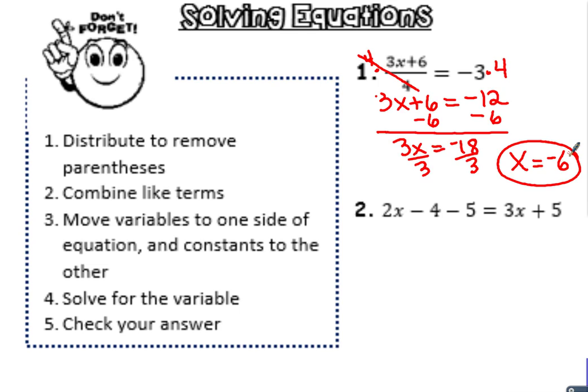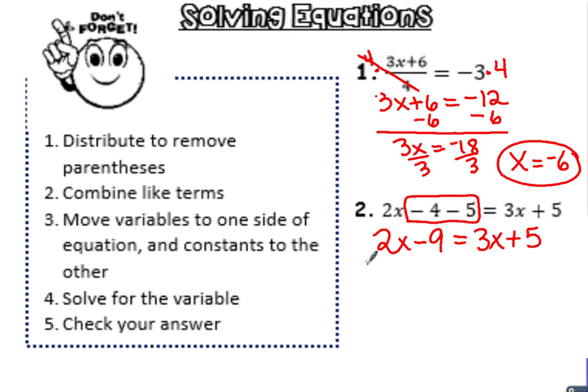Equation number 2 does not have any parentheses, but you must combine like terms first. You must combine the negative 4 and the negative 5 because they are on the left side of the equation. You get 2x minus 9 equals 3x plus 5. And now you must move your variables to one side and your constants to the other.